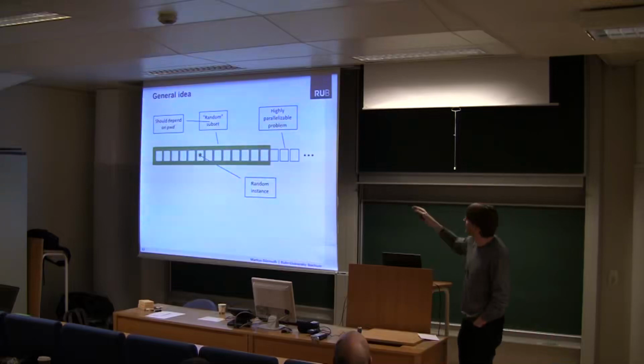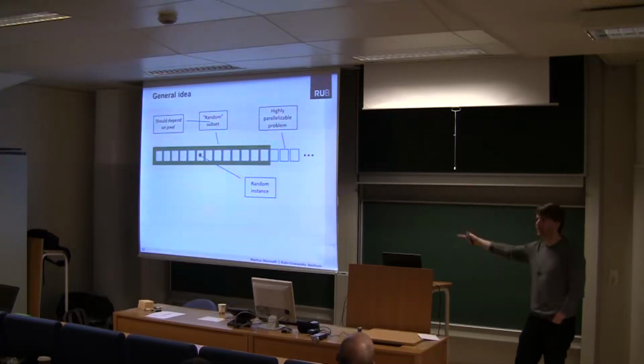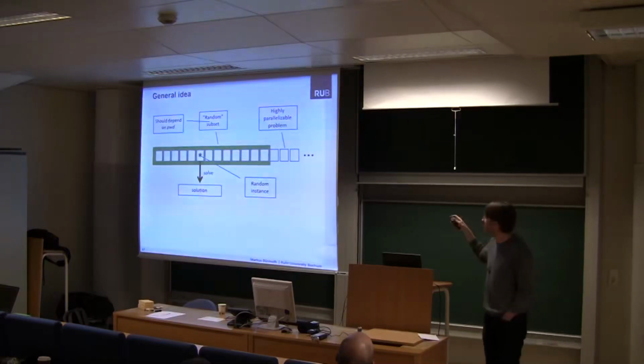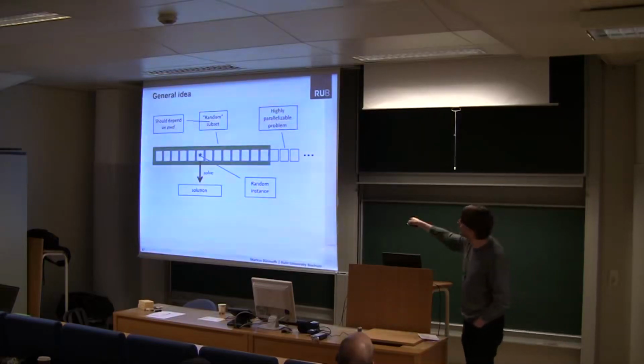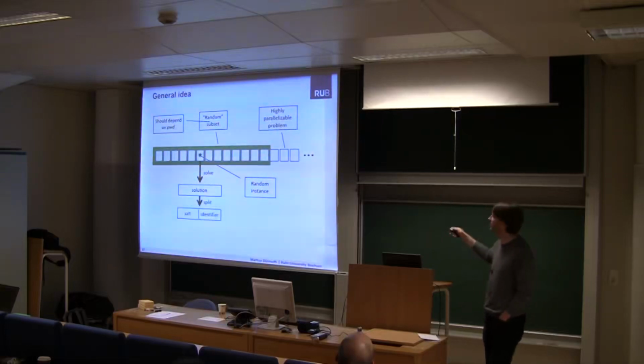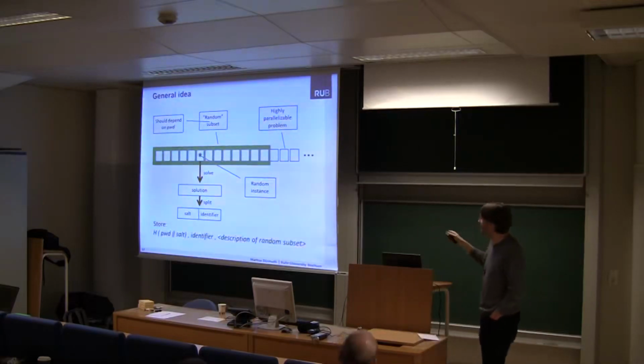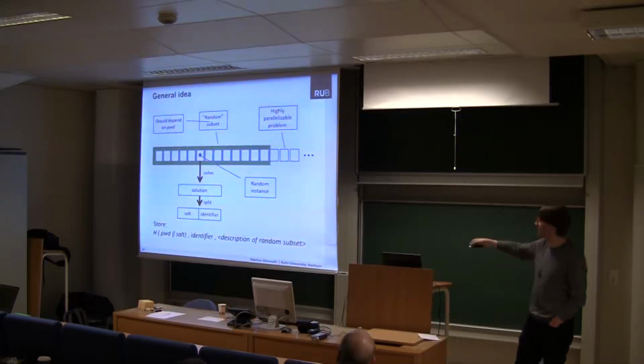We are selecting a random instance from that subset by selecting a random suffix in the DES construction. We are solving one of those subproblems, computing a DES encryption. And then we didn't really split in the previous example, but we used the encryption directly as an identifier and then stored this tuple: the hash, an identifier, and the description of the random subset, which was the R in the previous example, because the R determined the prefix.